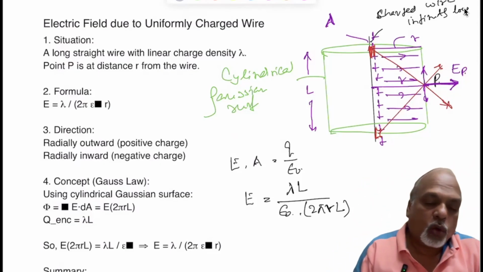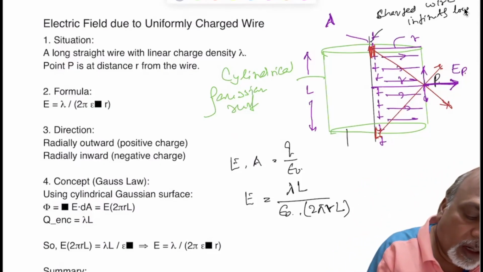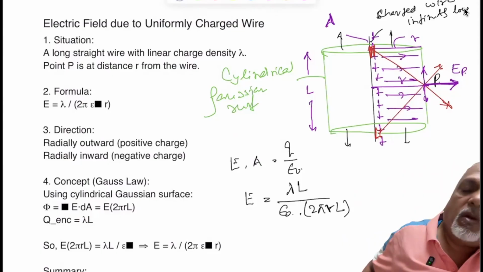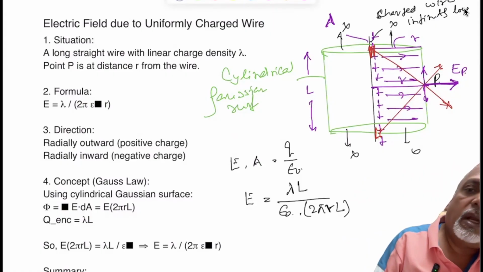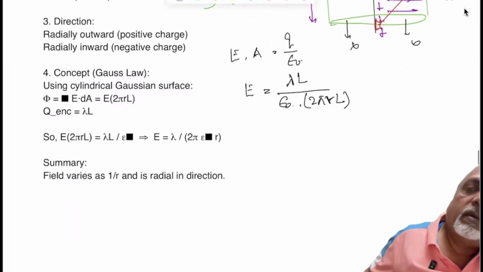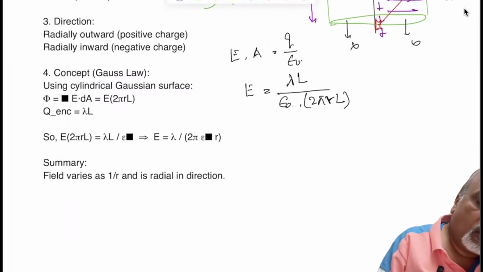Correct? Through these flat surfaces there won't be any electric field, because the area vector will be normal to the electric field. So just forget about this. The lateral curved area is the only effective one.